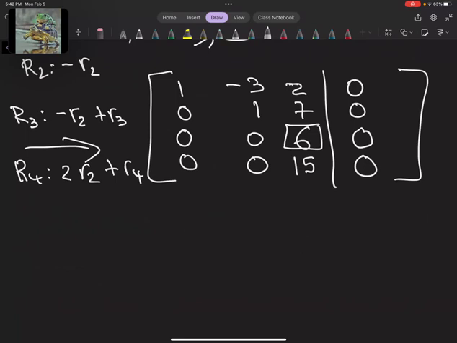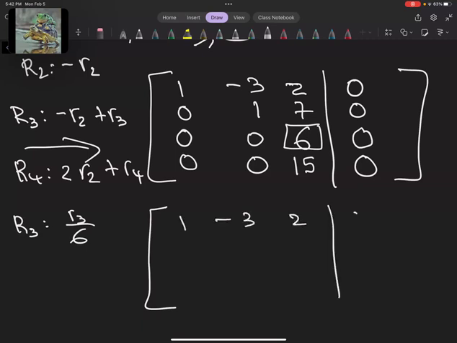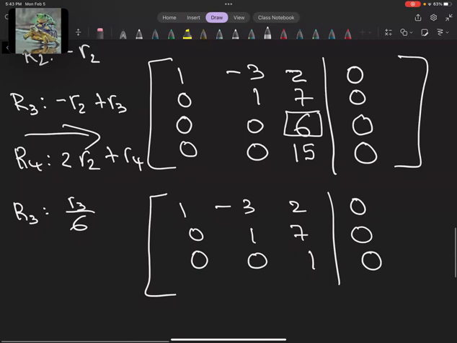So I'm gonna, row 3, I'm gonna divide it by 6. So row 3 divided by 6. So I get 0, 1, minus 3, 2, 0. I get 0, 0, 1, 7, 0. And I get 0, 0, 0, 1, 0, right? So that's my pivot.